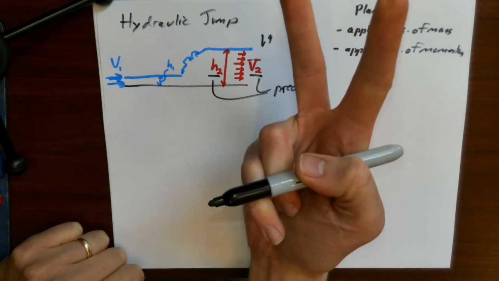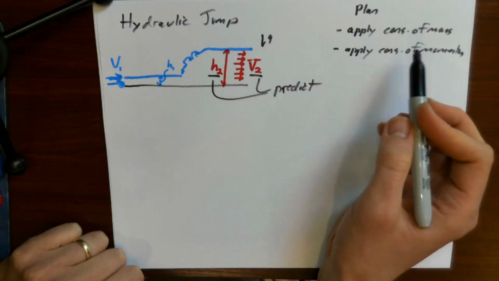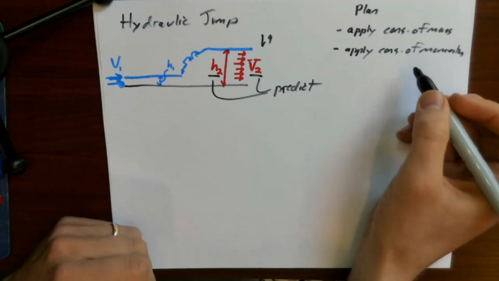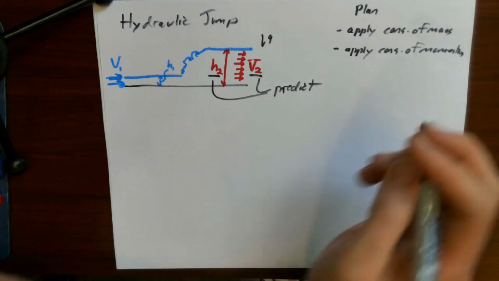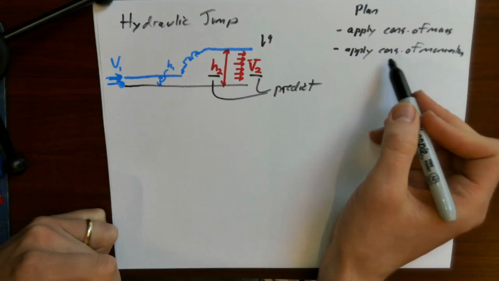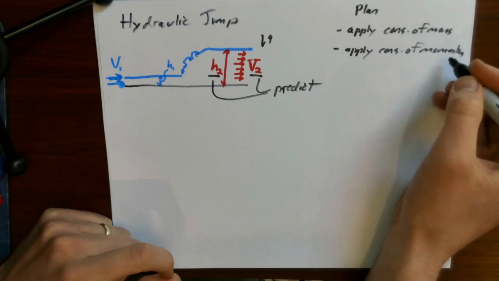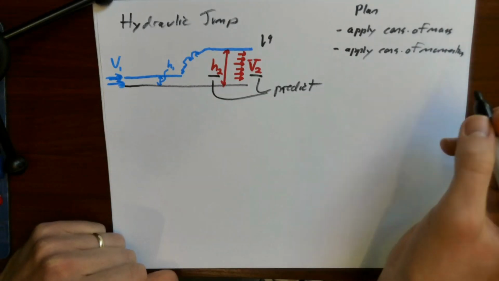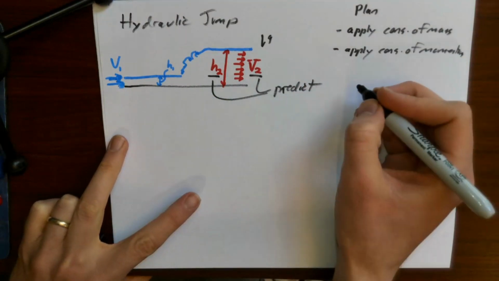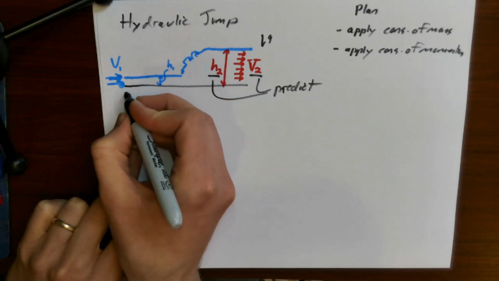So anytime you're looking for two things, you might need to rope in a second equation. When we apply conservation of momentum, we need to choose which momentum we're conserving, right? Momentum is secretly a 3 for 1. It could be x, it could be y, it could be z momentum that we could apply to this system, and it turns out that, well, let me define my coordinate system right here.